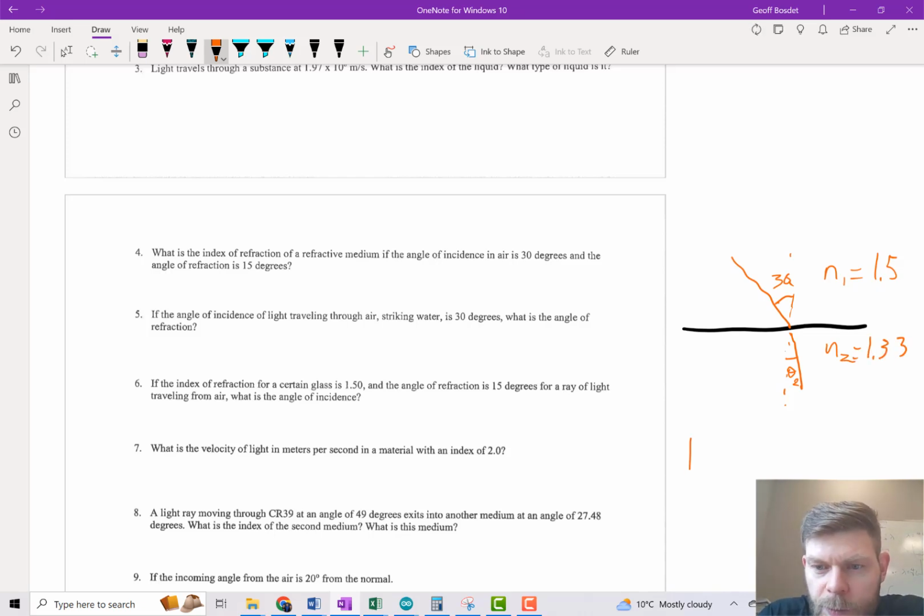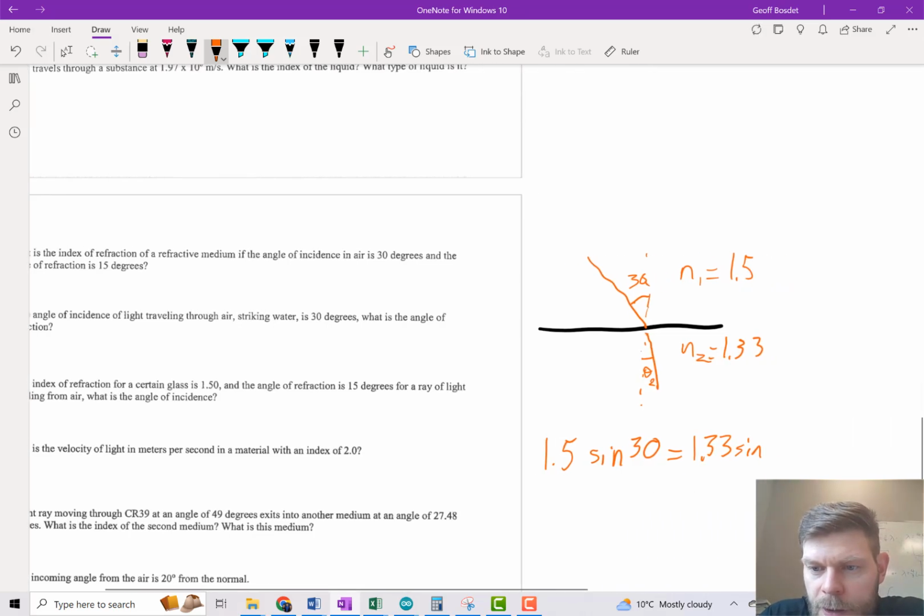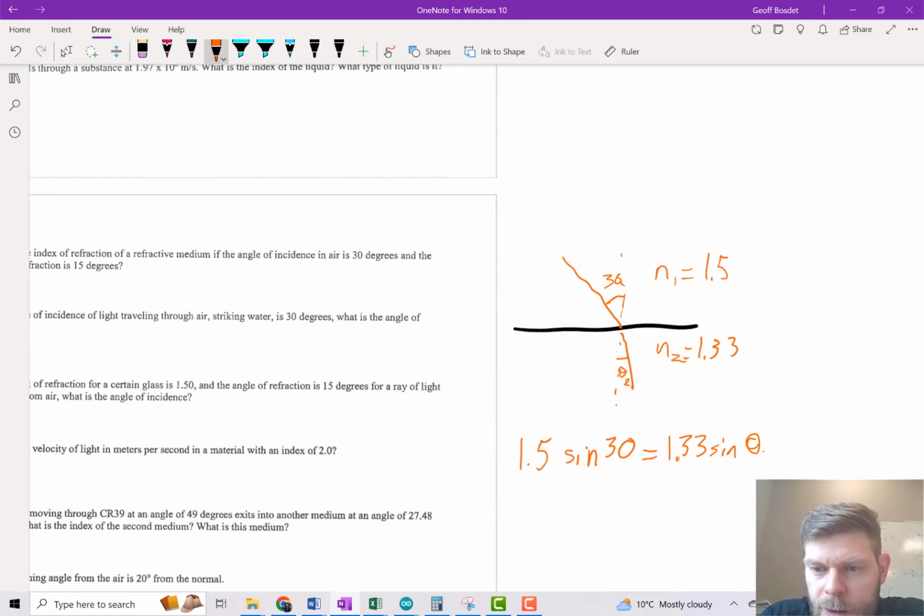So in this case, it's just 1.5 sine 30 divided by, or why don't we do the whole thing? So n1 sine theta 1 equals n2 sine theta 2. If we want theta 2, why don't we solve for sine theta 2? So it would just be like sine theta 2 equals 1.5 sine 30 over 1.33 if we divide both sides by 1.33.